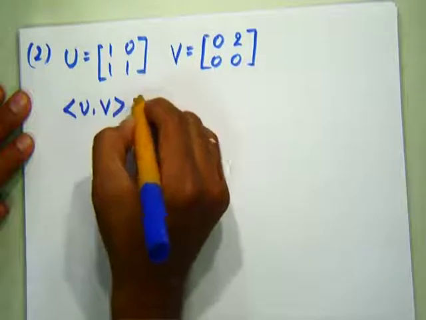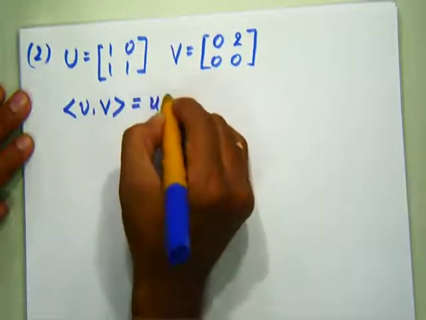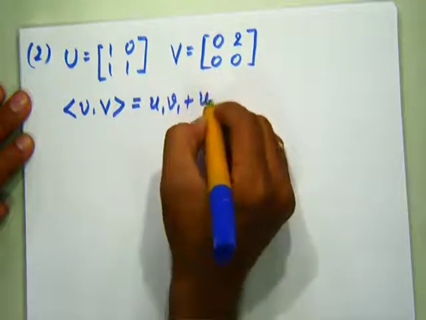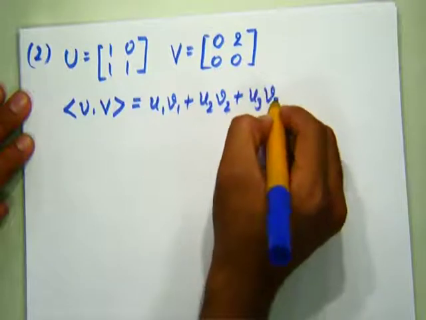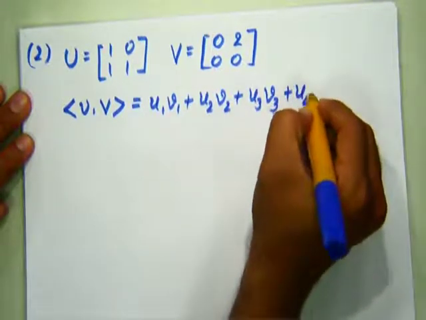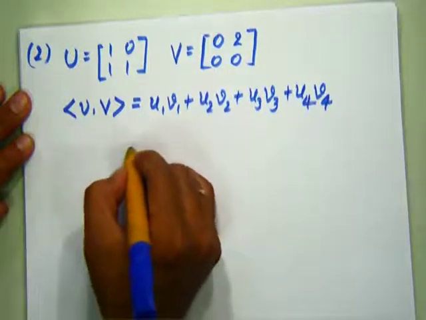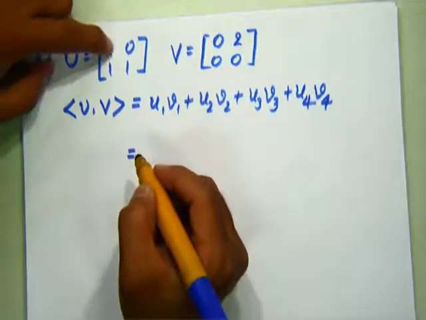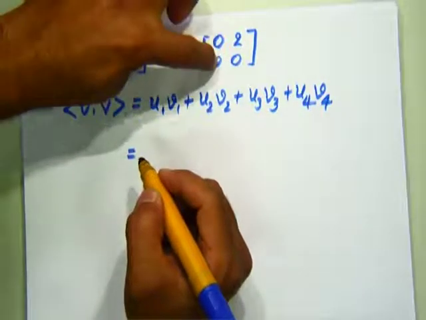The inner product on M2 is defined in this way: U1 V1 plus U2 V2 plus U3 V3 plus U4 V4.